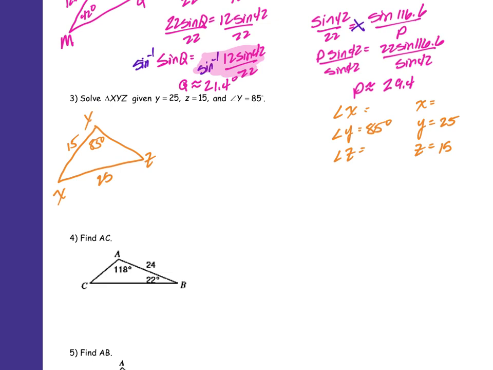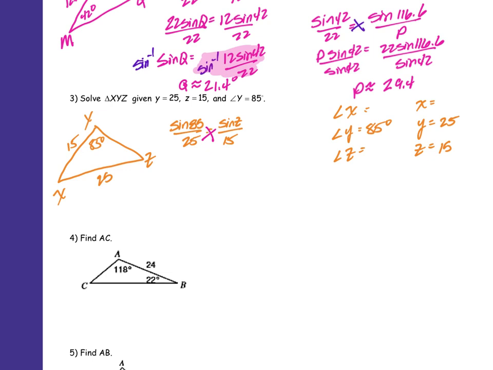So I'm going to do sine of 85 over 25 equals sine of Z over 15. Cross multiply, and I get 15. I need to write it the other way. Sorry. Just for my purposes.